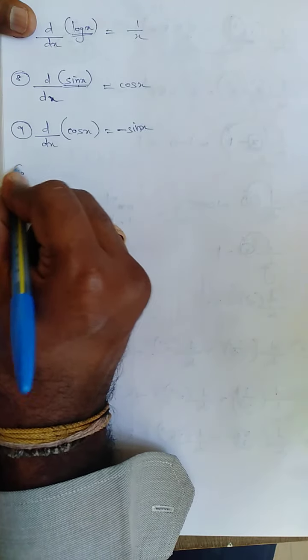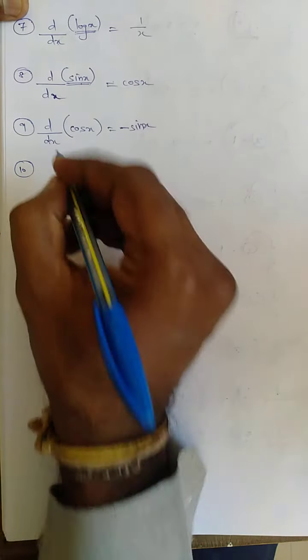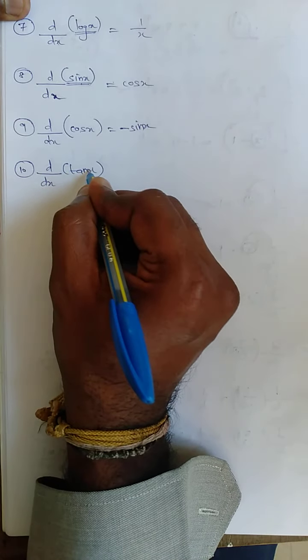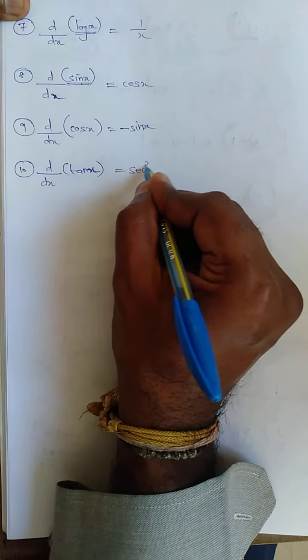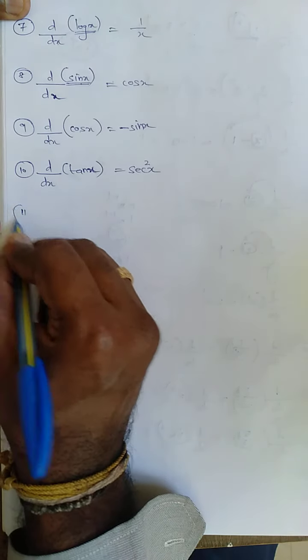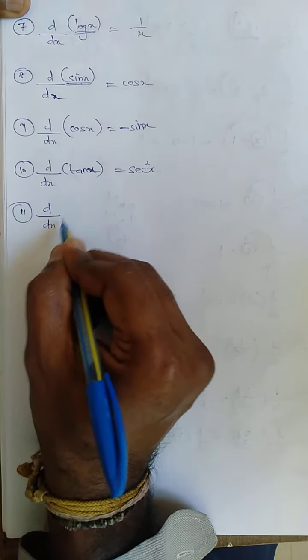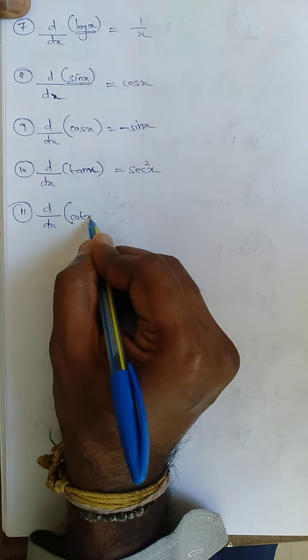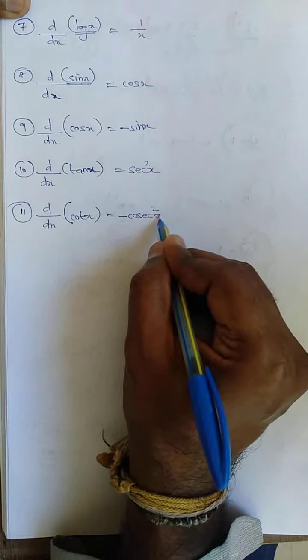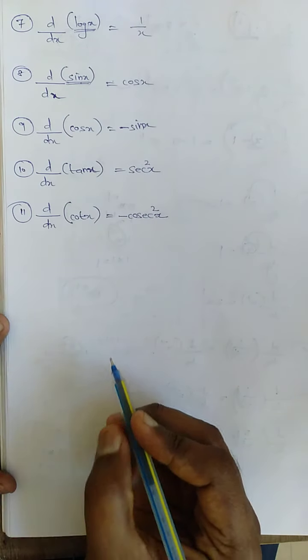Next. Differentiate of tan x is nothing but secant square x. Next, the 11th formula. Differentiate of cot x is nothing but minus cosecant square x.